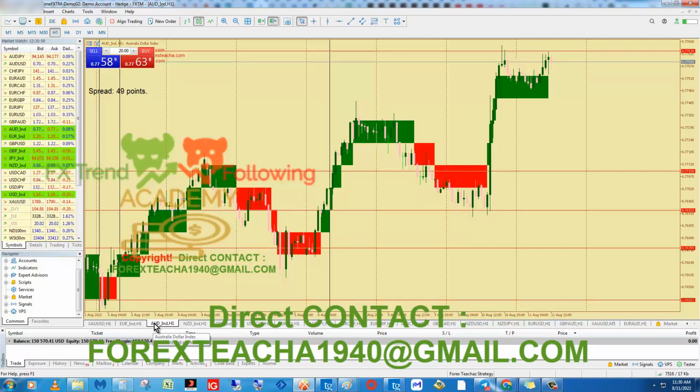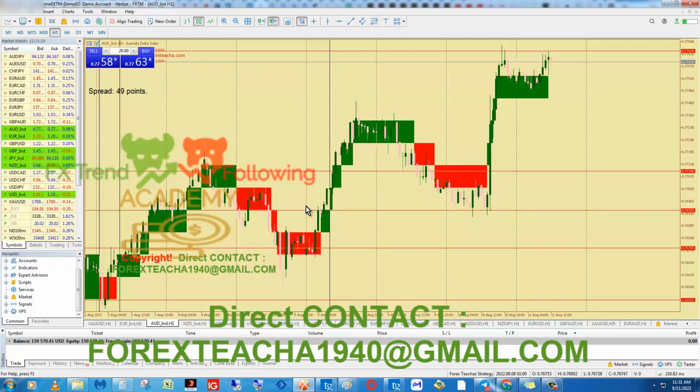All right, so this system, you can actually load it on a currency pair directly, like on euro AUD. You can load it on any currency pair, AUD JPY, euro CAD, pound USD. All right, but you can also load it on an Australian dollar index or on a currency index, like New Zealand dollar index, euro index, US dollar index.